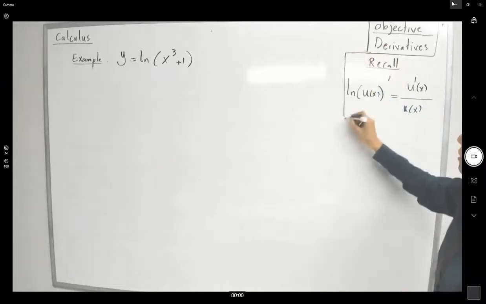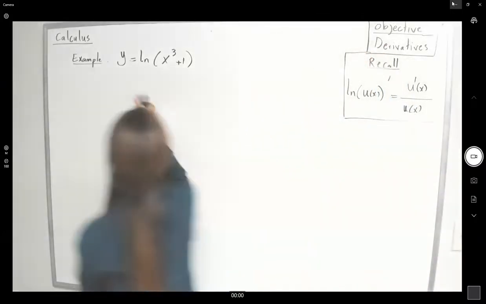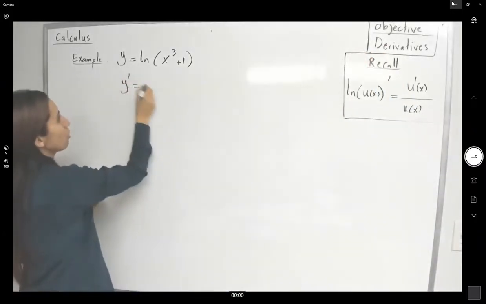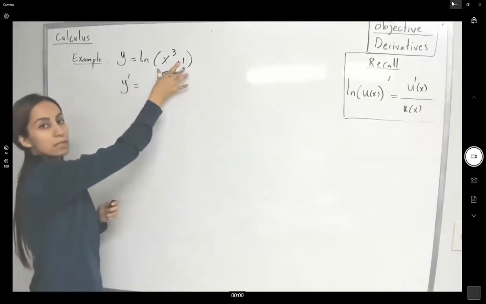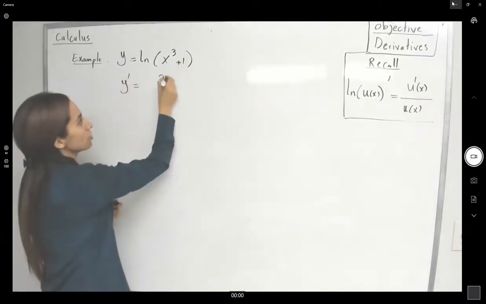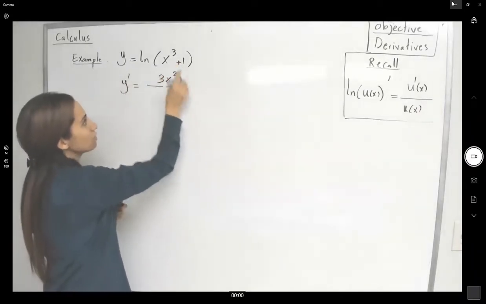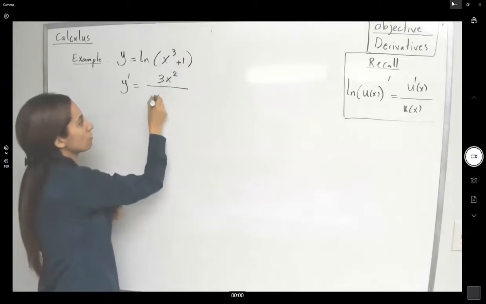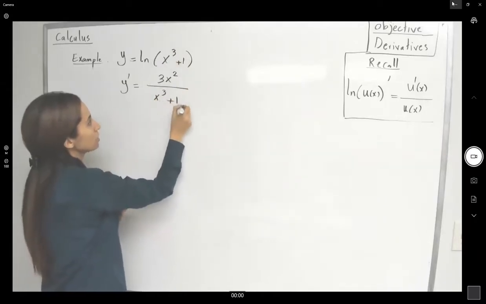So following the chain rule formula, the derivative of this function is equal to the derivative of x cubed plus 1, which is 3x squared, divided by this guy itself, which is x cubed plus 1.